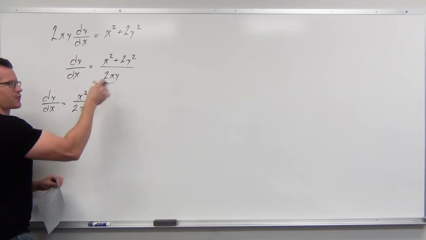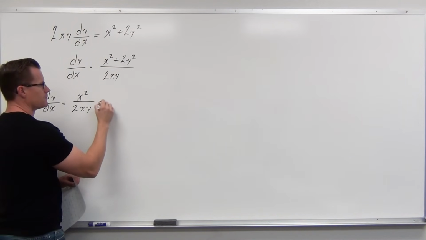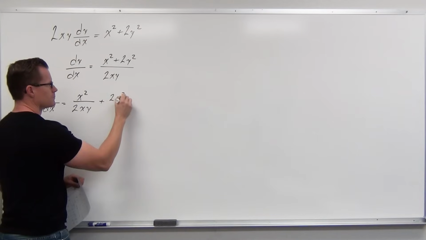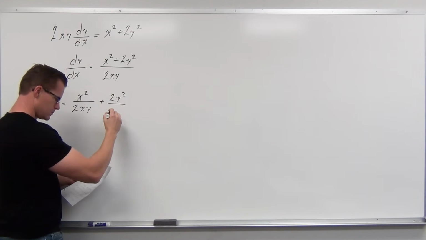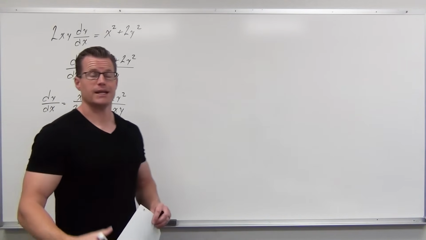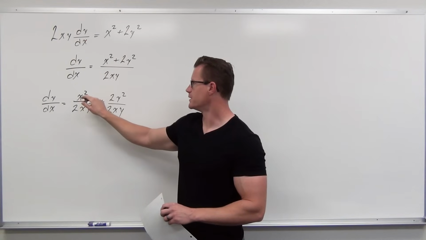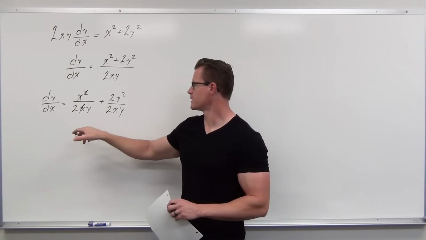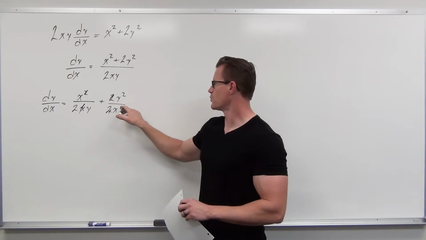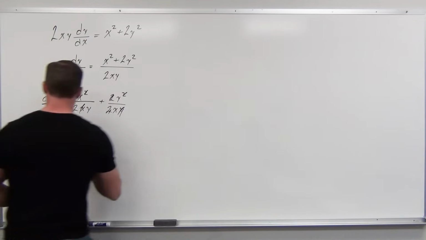We can always split up fractions when we have more than one term over one term. And if we simplify, then we get an x over y. Notice how this and that are completely gone. 2 and 2 and y with one of the y's. So we can simplify both fractions.